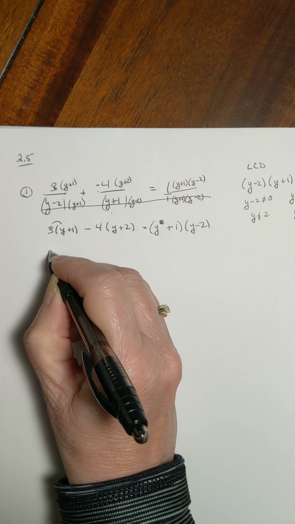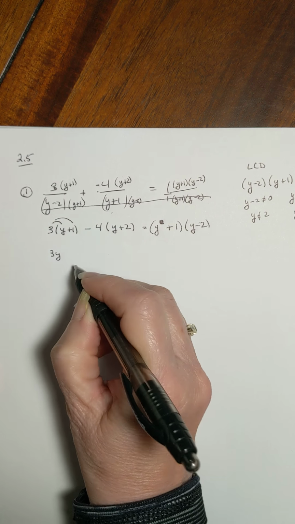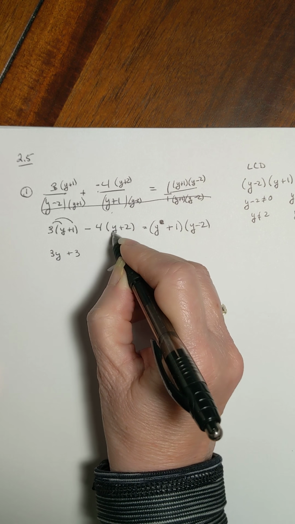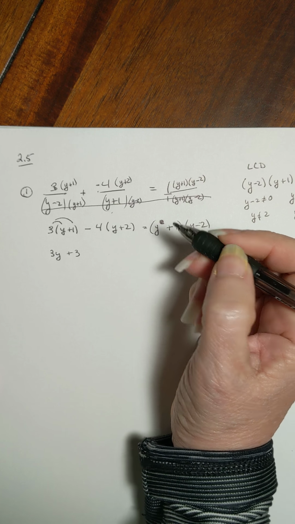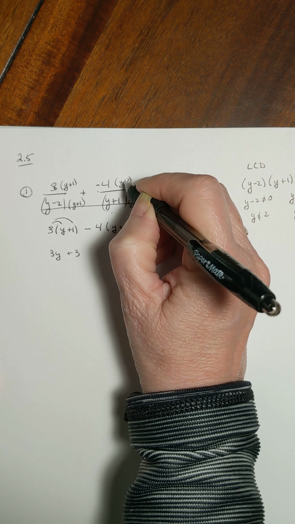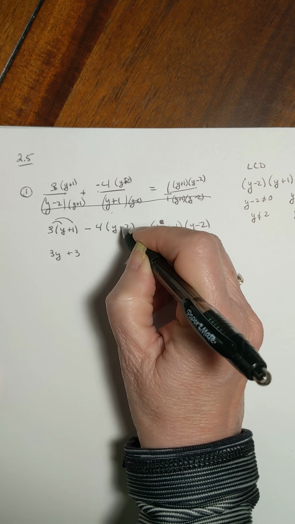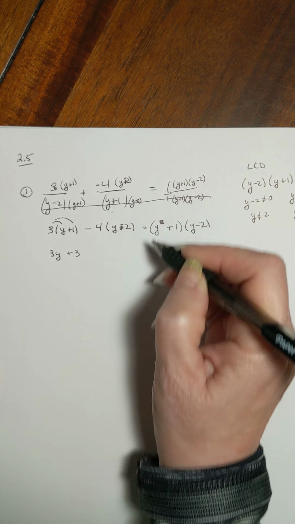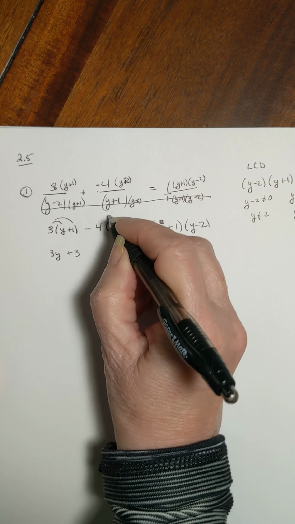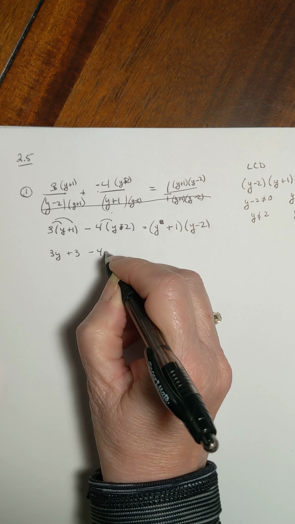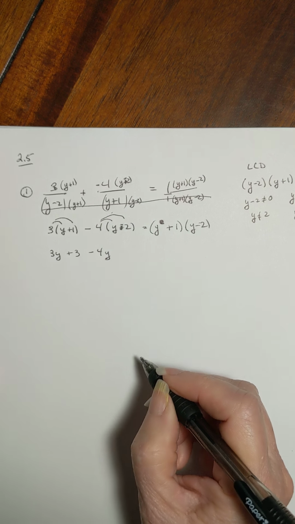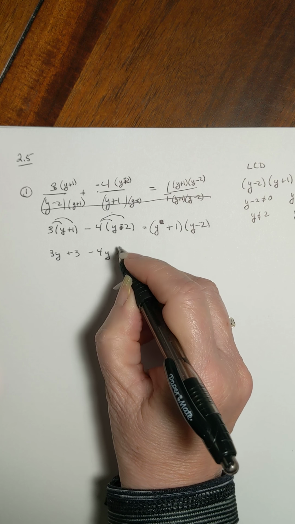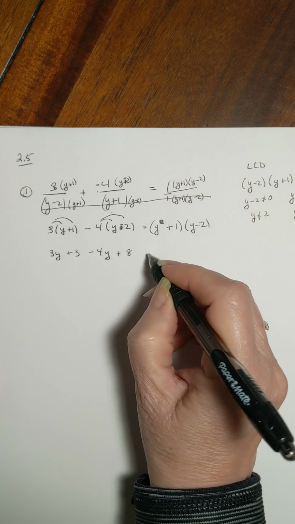So 3 times y is 3y. 3 times 1 is 3. The sign goes with the number, and this should be y minus 2, not y plus 2, I'm sorry. And then negative 4 times y is negative 4y. And then negative times negative gives you plus 4 times 2 is 8.